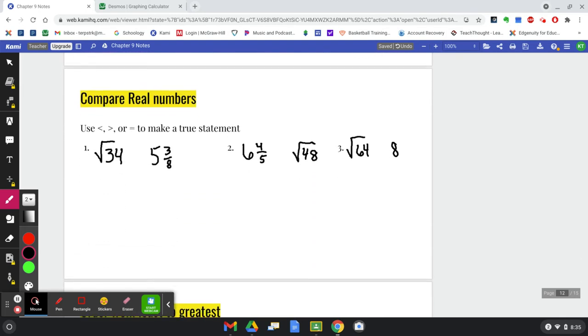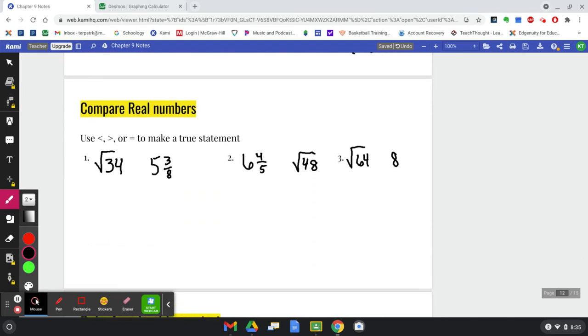All right, let's start by comparing numbers. The easiest way to compare them is if they're in the same form, and probably the easiest form to use is decimal. So if you use your calculator and do the square root of 34, it should tell you it's 5.830, and the 9 keeps going.